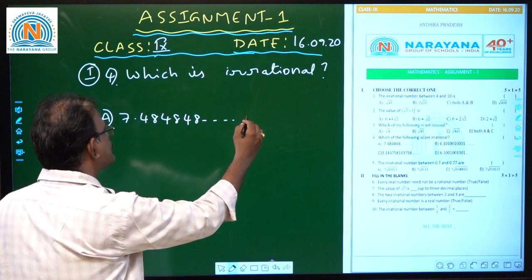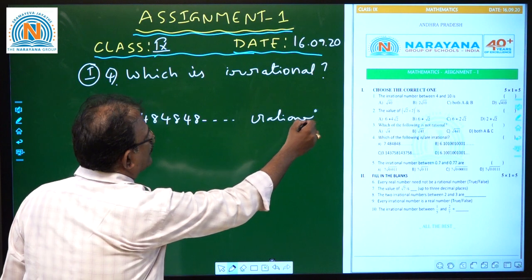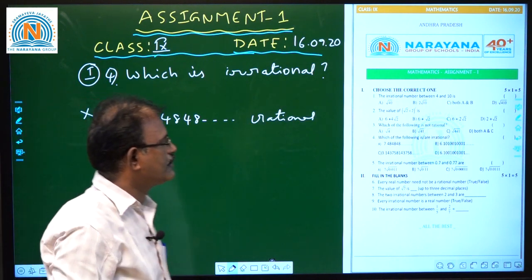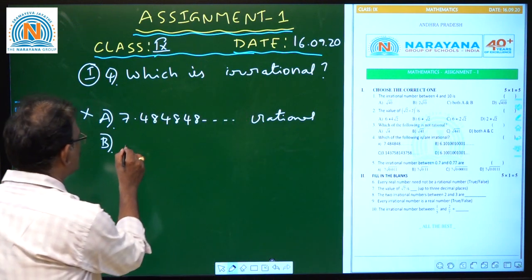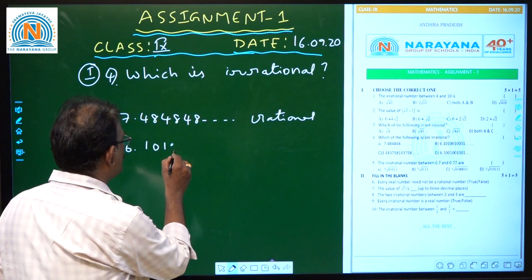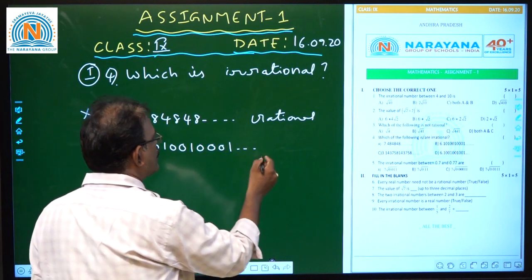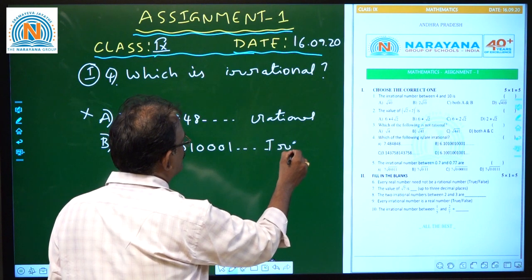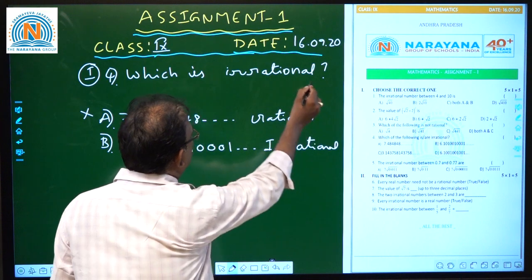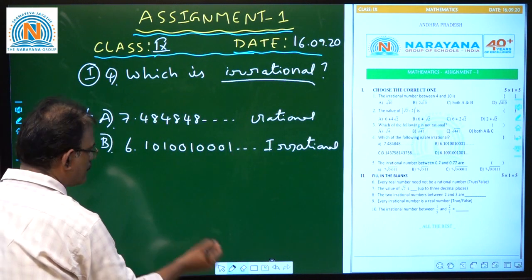It is rational, and we want irrational, so we can reject the first option. And B, 6.10100100 and so on. As you are not able to fix a periodicity, it is irrational. We want irrational, so we can take the B option as correct.